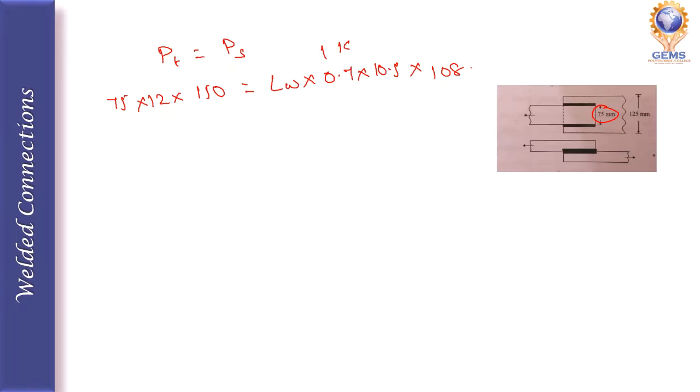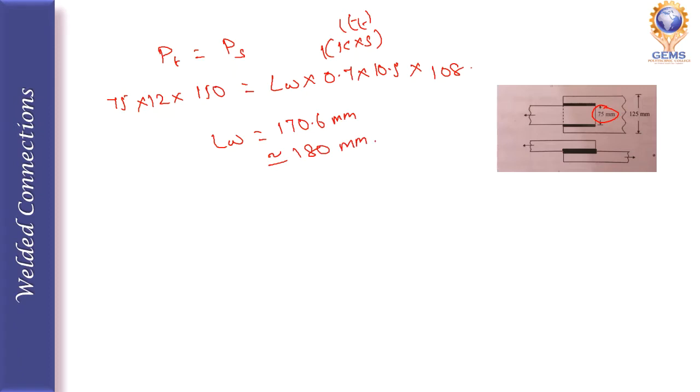This K into S is the TT value, the effective thickness. From this we will get the effective length of the weld as 170.6 mm, or we can assume it as 180 mm.